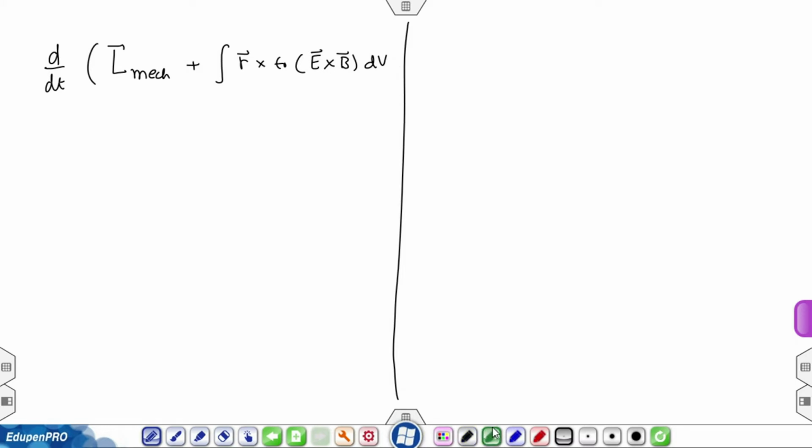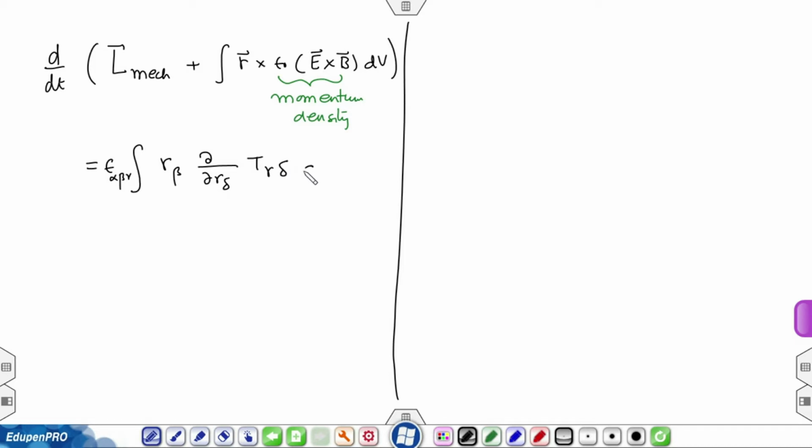Now, notice that this term is the momentum density of electromagnetic field, and this is equal to integral epsilon alpha beta gamma r beta d by dr delta t gamma delta dV, where obviously r 1, r 2, r 3 are equivalent to x, y, and z.